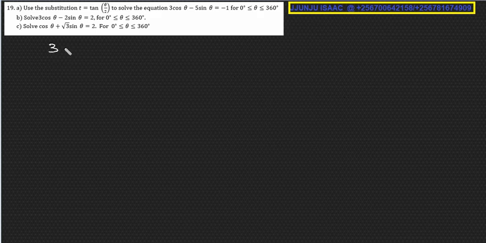It is 3 cos theta minus 2 sin theta equal to 2. But when I use the substitution of t equal to tan theta by 2, this is going to be 3.